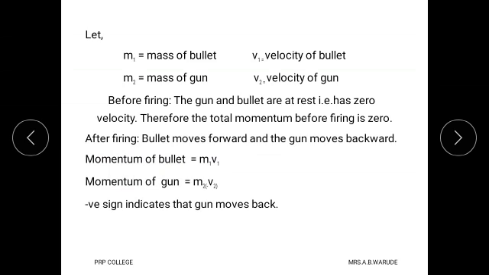Then the momentum of the gun is the mass of the gun into the velocity of the gun. Therefore we get m2 into v2. But here we write minus v2 because the gun moves in the backward direction, and that negative sign indicates that the gun moves in the backward direction.